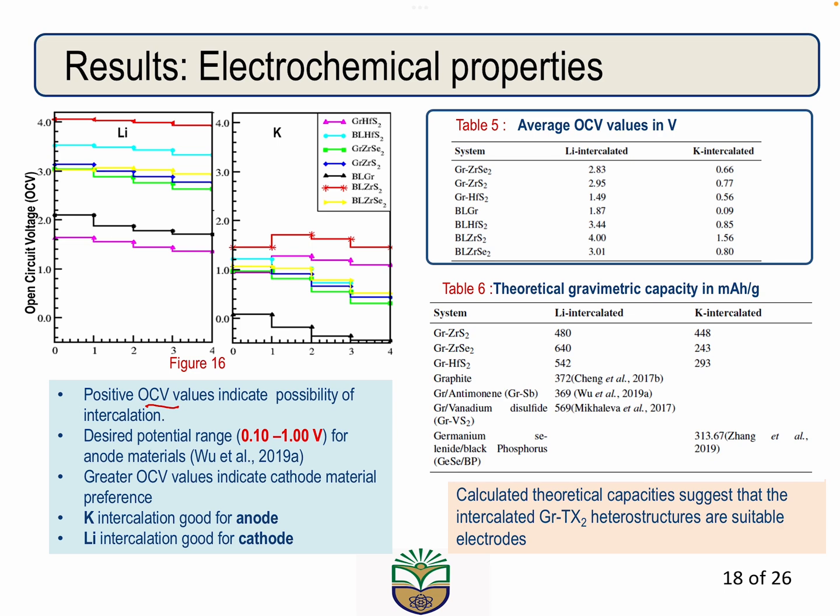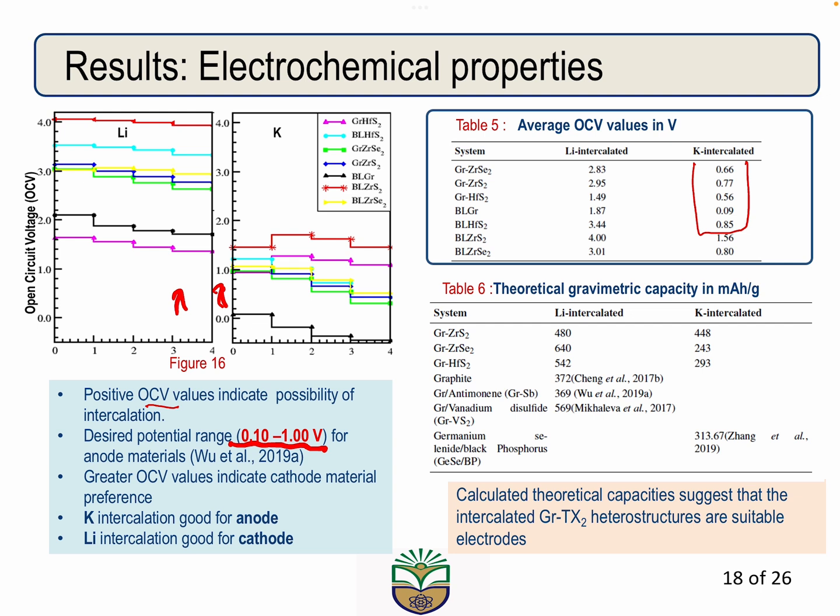For example, if the range of this open circuit voltage is between 0.1 and 1.0 volts, then that material would be found to be a very good anode material. And this is what we found for the potassium intercalated system. Looking at our graphs, all our values were positive, an indication that it is possible to intercalate within this system.